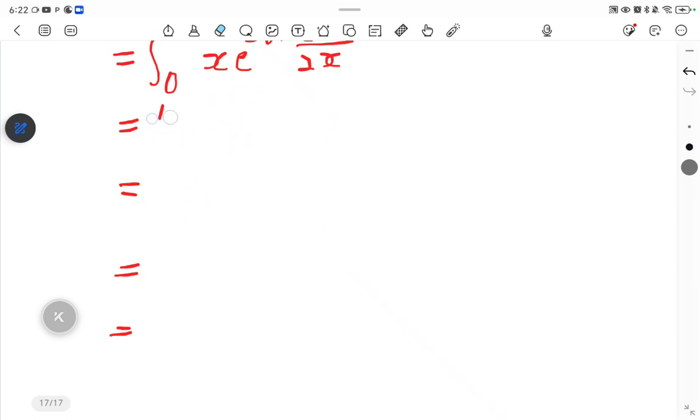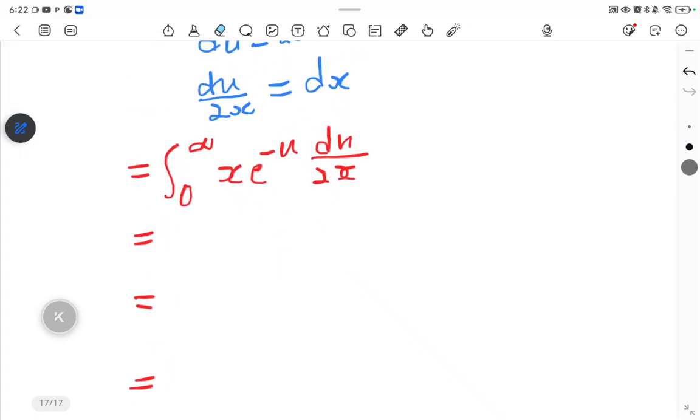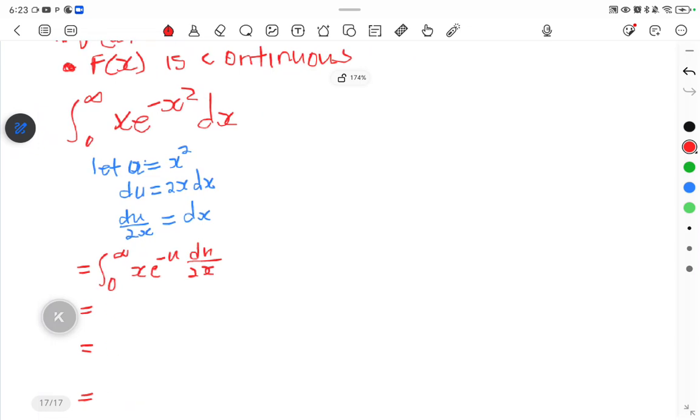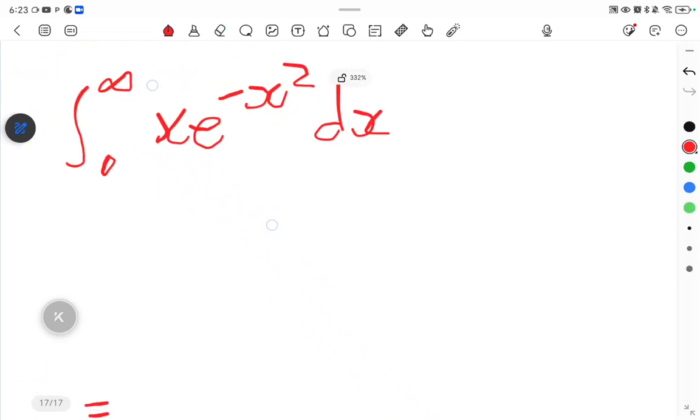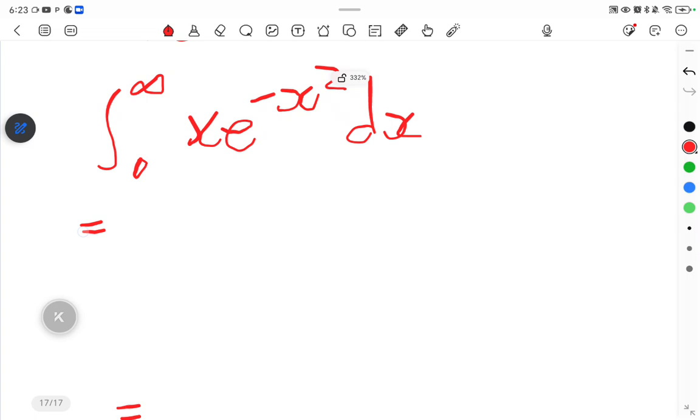I direct substitute. If I direct substitute 0, I don't get undefined. So it means that the first thing I would do is what? Change this to t, because when I direct substitute infinity, I would get undefined. So this will be the integral from 0 to t of x e to the minus x squared.